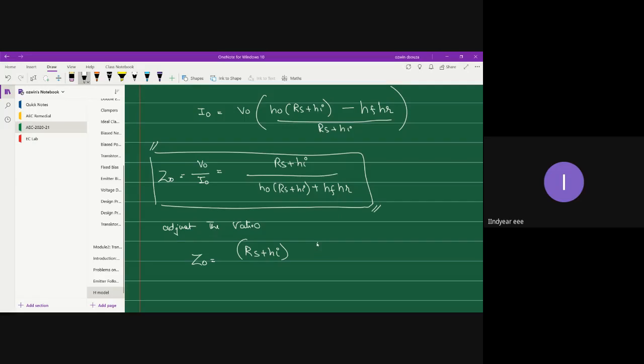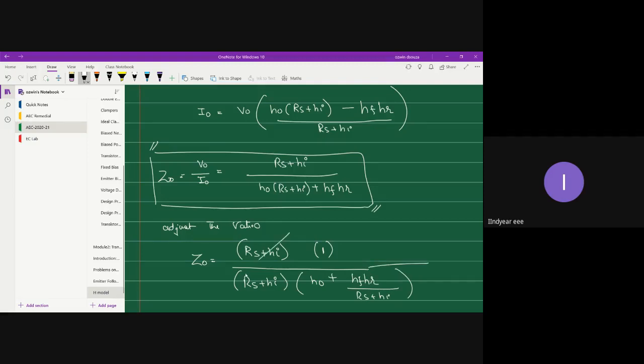So obviously in the numerator, you are left with unity. In the denominator, let me also take RS plus HI outside the bracket. So what do I have within the parenthesis? I have H naught and I have the ratio HF HR divided by RS plus HI.